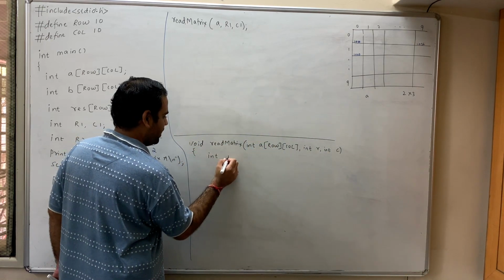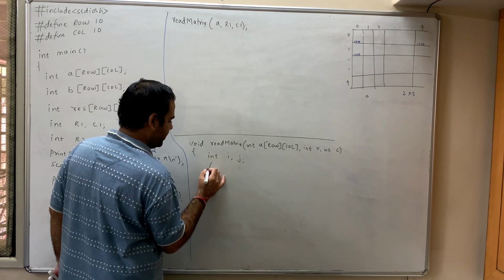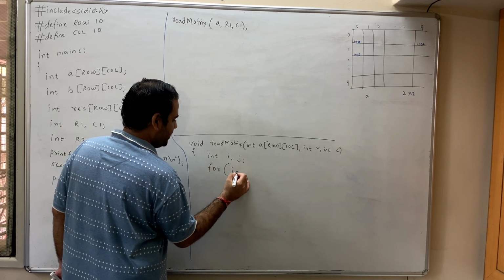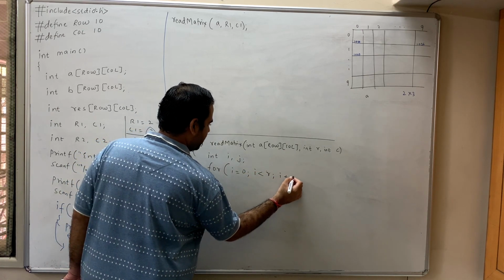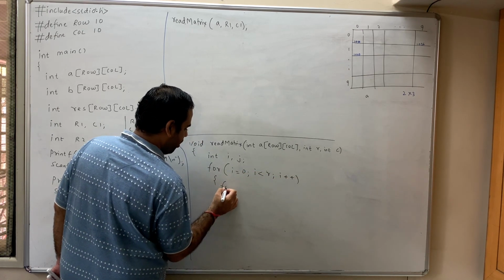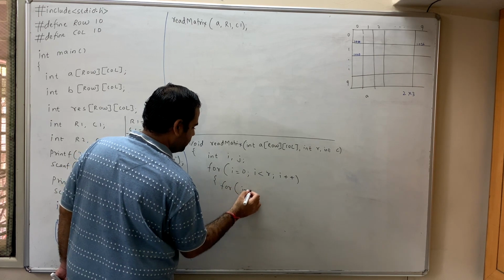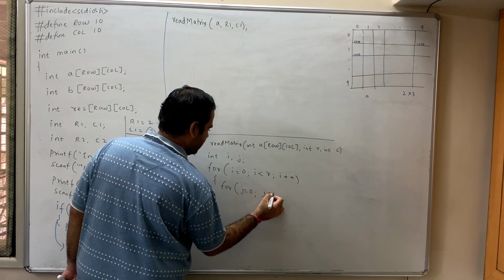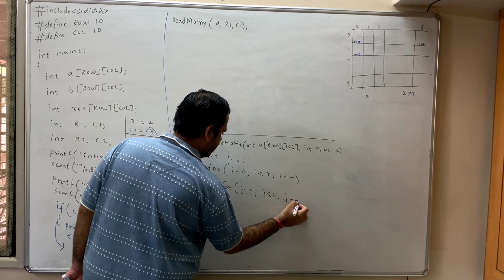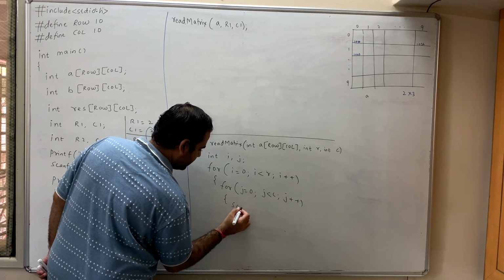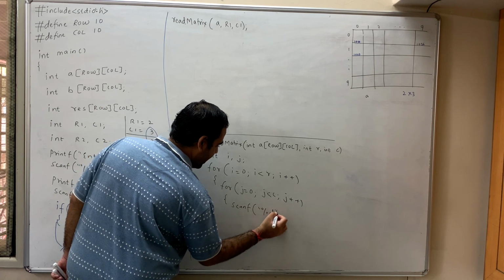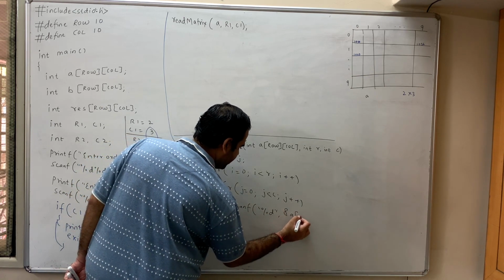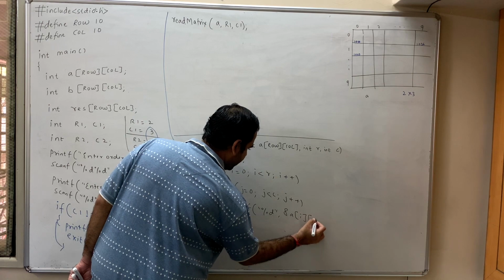We say int i, j. Already we know how to read the matrix. For i is 0, i less than r, i plus plus, here we say for j is 0, j less than c, j plus plus, and what do I write over here? scanf %d ampersand a of i j.